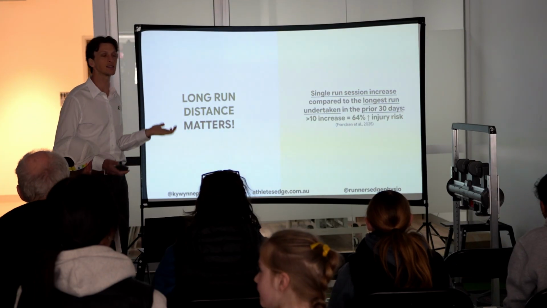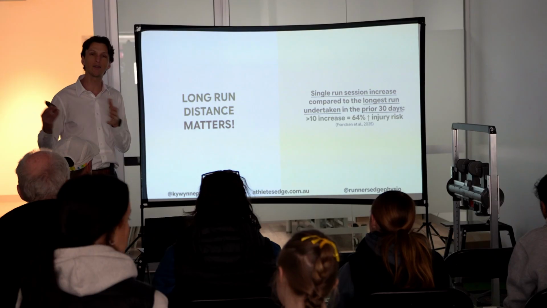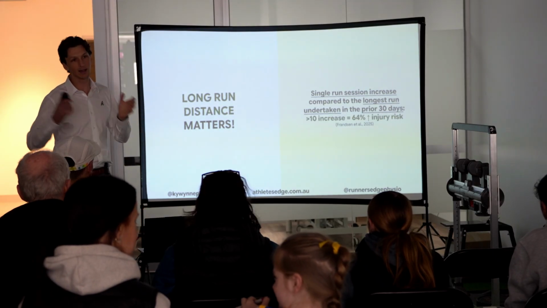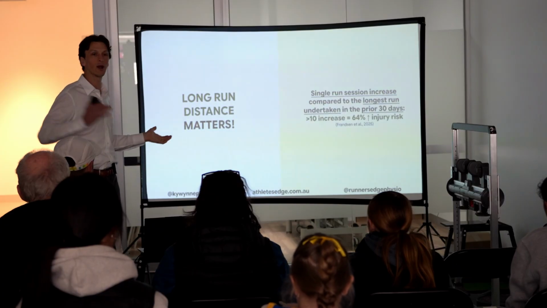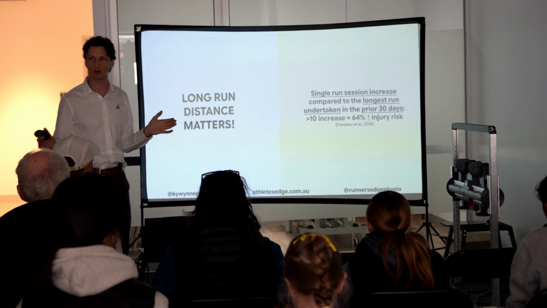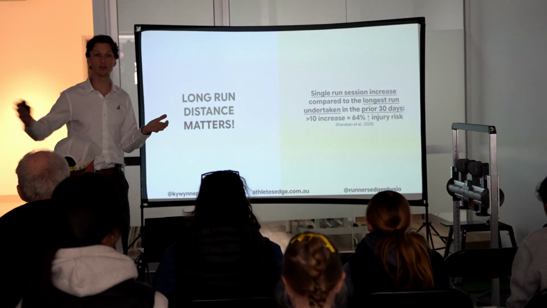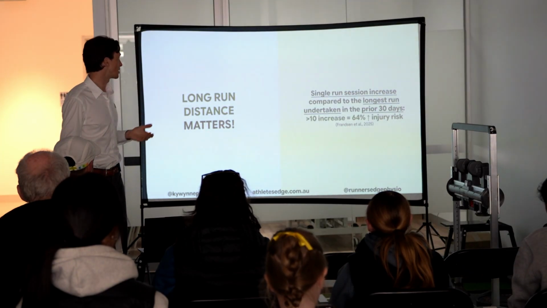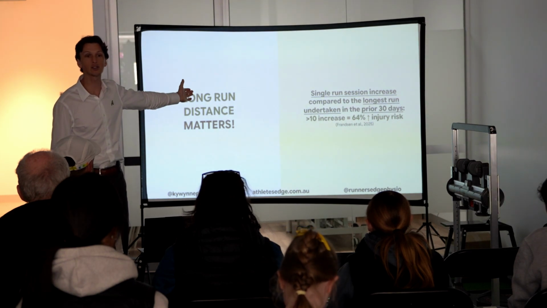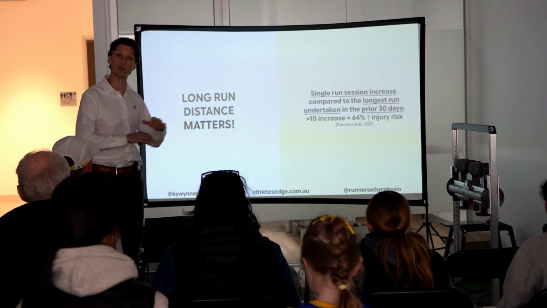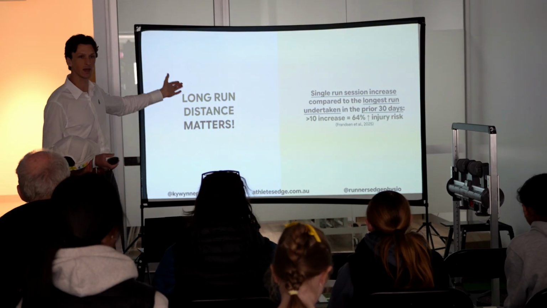They found that if you compared the run that you did to the longest run in the previous month, if you increased that long run distance by between 1 to 10%, there was no statistical increase in injury risk. If you increased that long run by 10 to 30%, the injury risk was significantly higher, right? So if we're having a jump in our long run distance compared to the long run that we've been used to doing, that injury risk was higher.